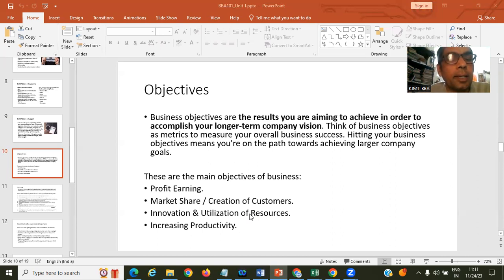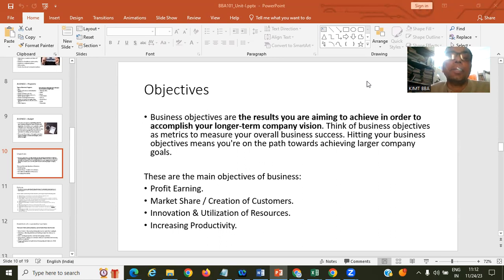Suddenly you realize that we have people in Western Orissa who like that product. So you do some research. You put some person there who can take your product and make one market in Western Orissa. That is the way you are increasing your market. That means your market share has gone up.